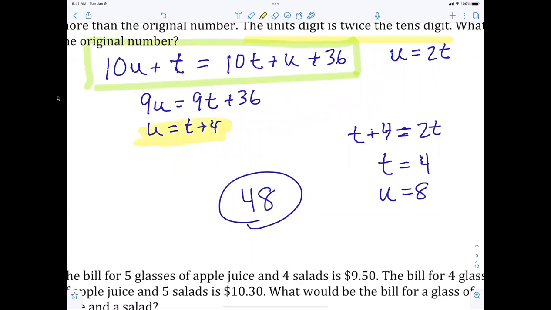Are you here now? And you're telling me you can't subtract t from both sides? Let me help you. 2 minus 1 is what? 1. Very good.